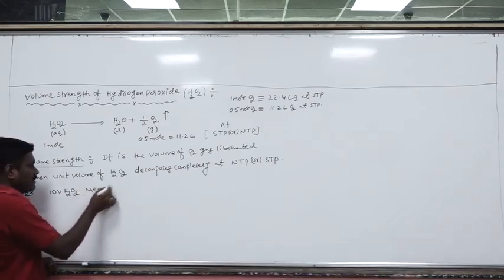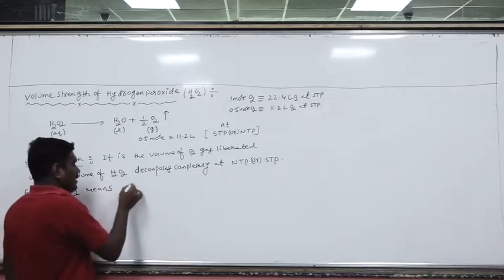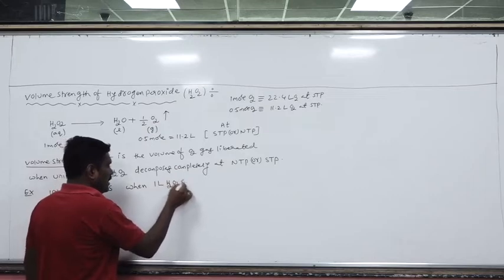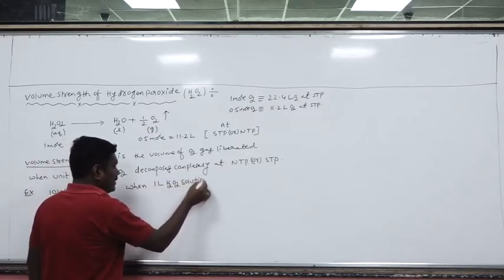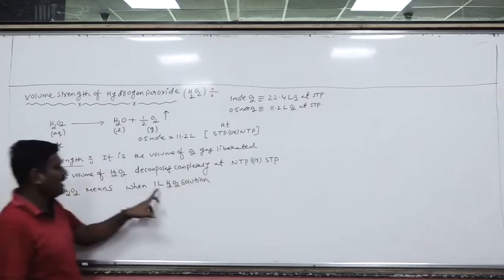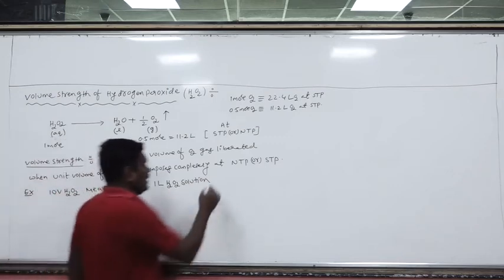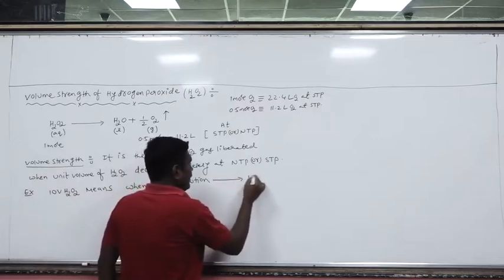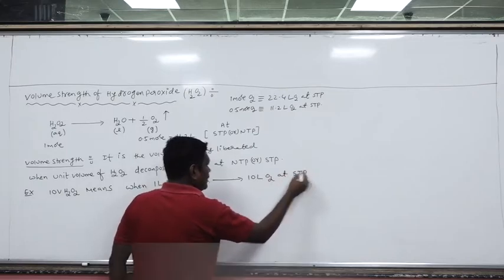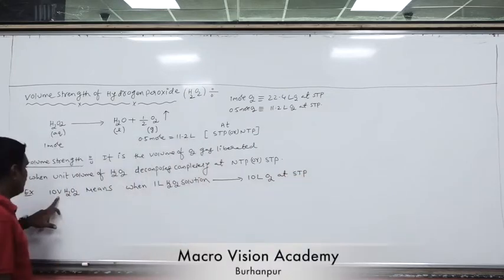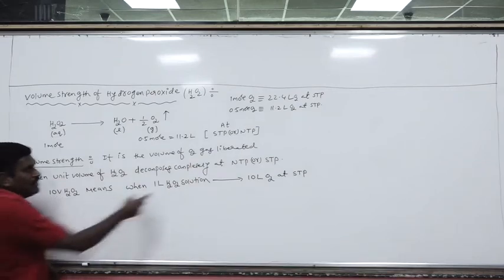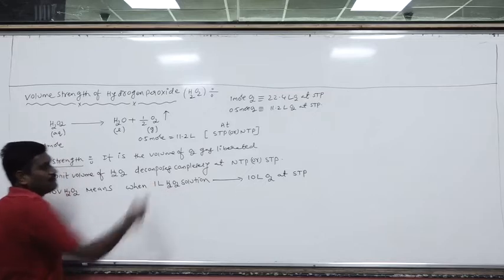It means that 1 liter of H2O2 solution, remember always the volume of H2O2 should be unit, that's why I am taking the unit volume of H2O2 solution, will produce 10 liters of oxygen at STP condition. Because there is a 10 volume, this 10 volume corresponds to the volume of the oxygen gas liberated from the unit volume of H2O2 solution.